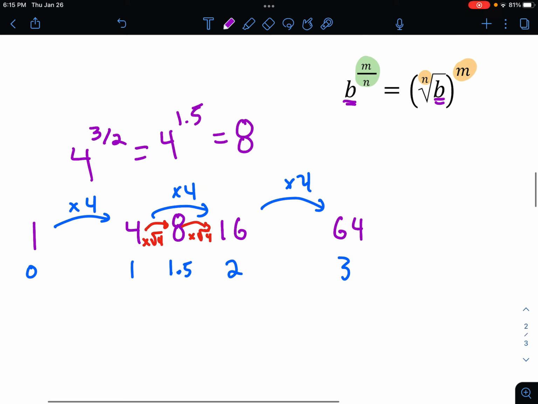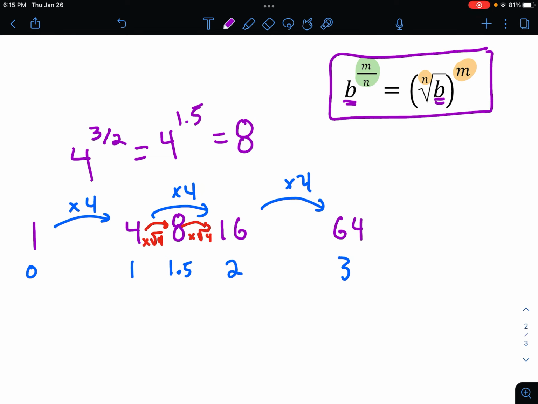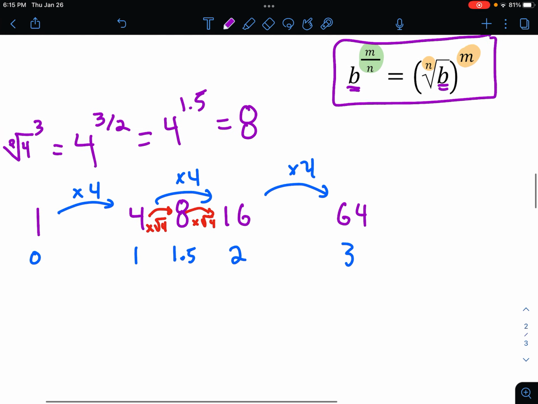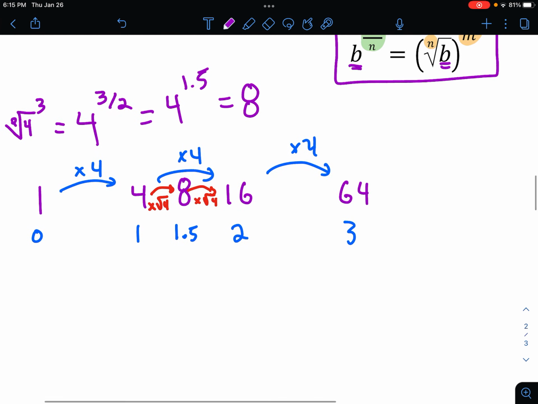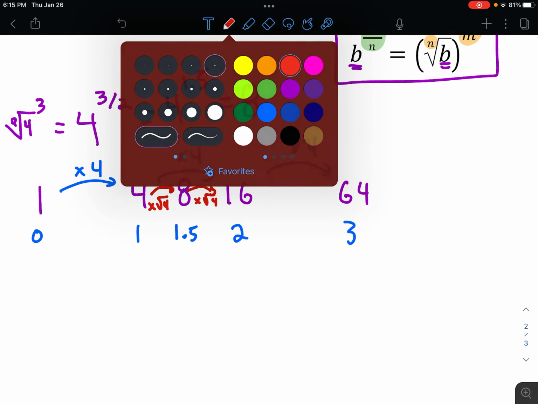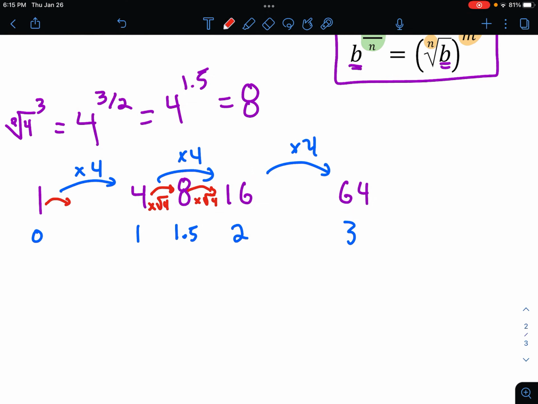But when we look back to our fractional power and want to represent it as a root, we could have also written this as the second root, or the square root of 4, raised to the 3rd power. And if we want to think about it this way, we can think of all our subdivisions of multiplying by square root of 4, square root of 4 again, and we do it 1, 2, 3 times.